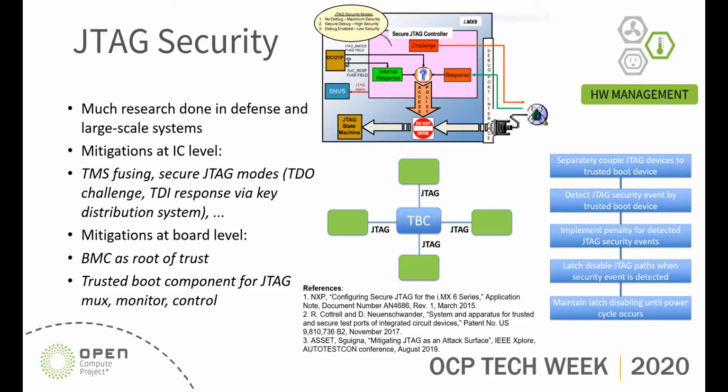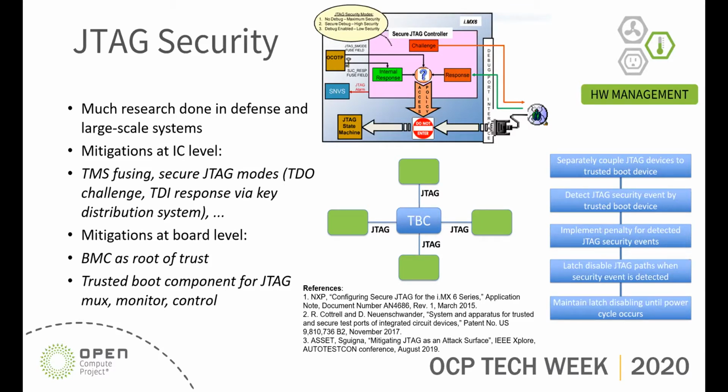NXP implements a number of secure JTAG modes, basically a challenge response mechanism within the chip, that interfaces via JTAG to the JTAG debugger with authentication via a remote key management system. So there's various ways to do this, and Intel, AMD, the various vendors all have different implementations.